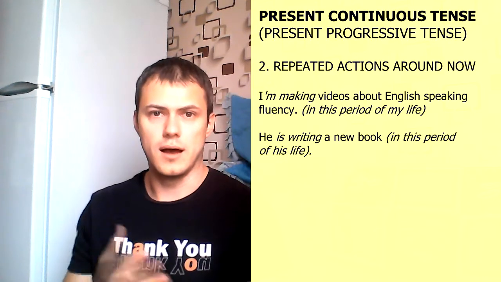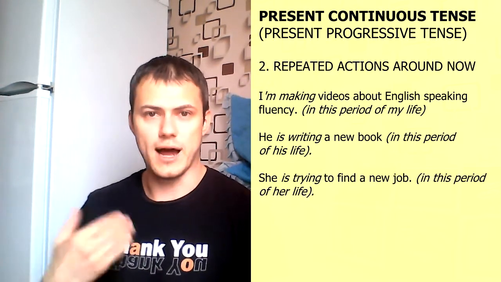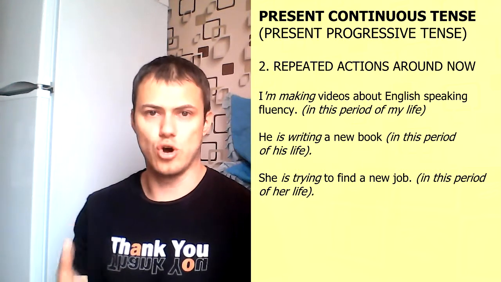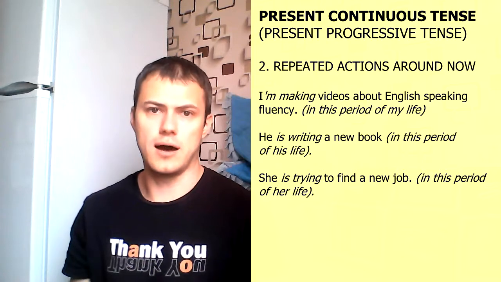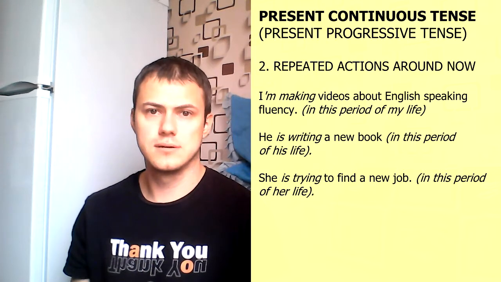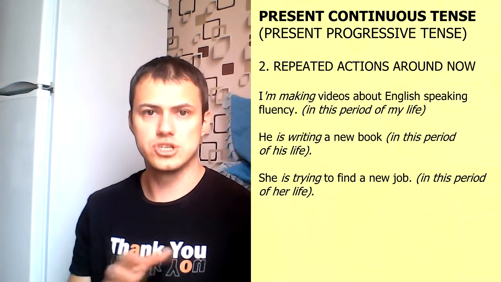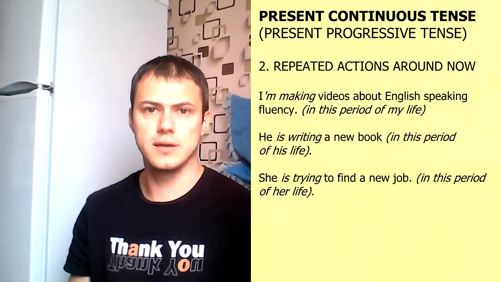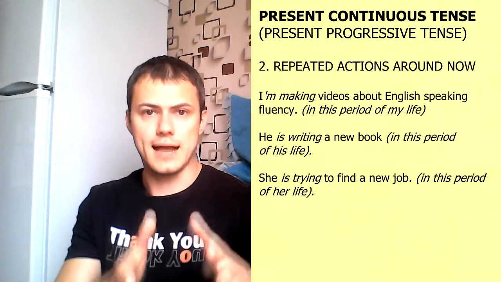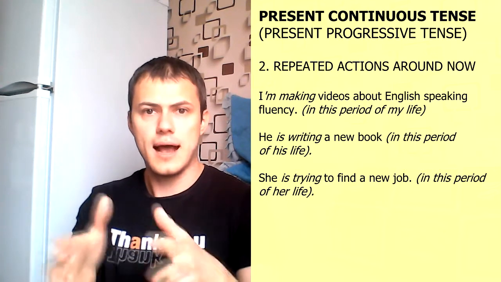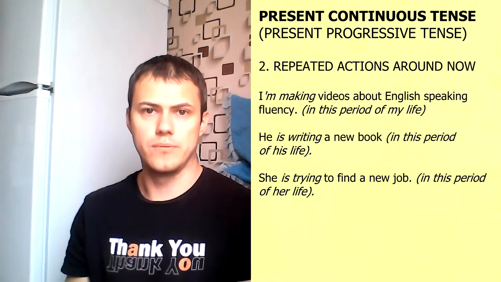So let's move on. She's trying to find a new job. This is happening around now. Maybe for the last 2 or 3 months, she is trying to find a new job. This is a repeated action that happens around now.